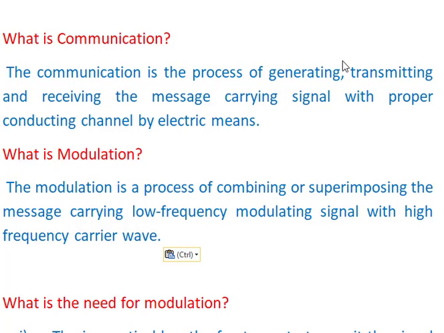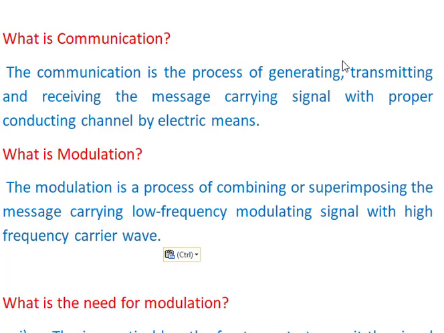These carrier waves are generated using oscillators. So the low frequency signal produced by our voice, produced by our music, in the form of waves, is called the low frequency modulating signal.